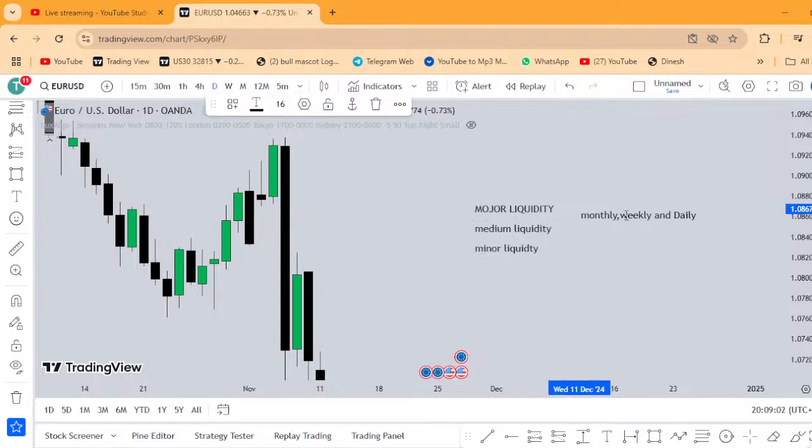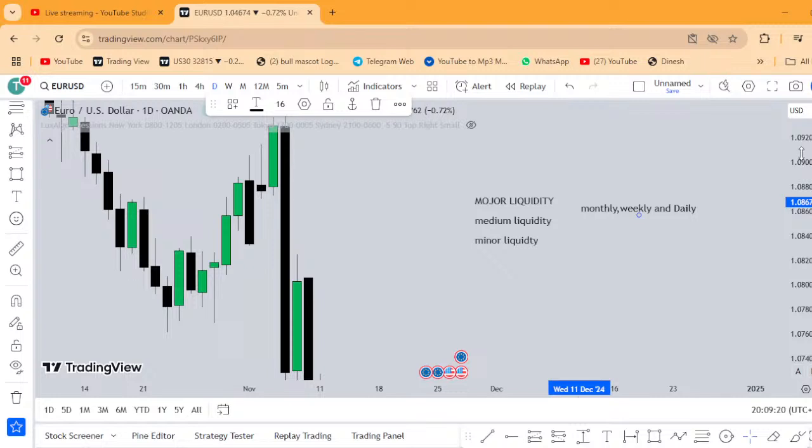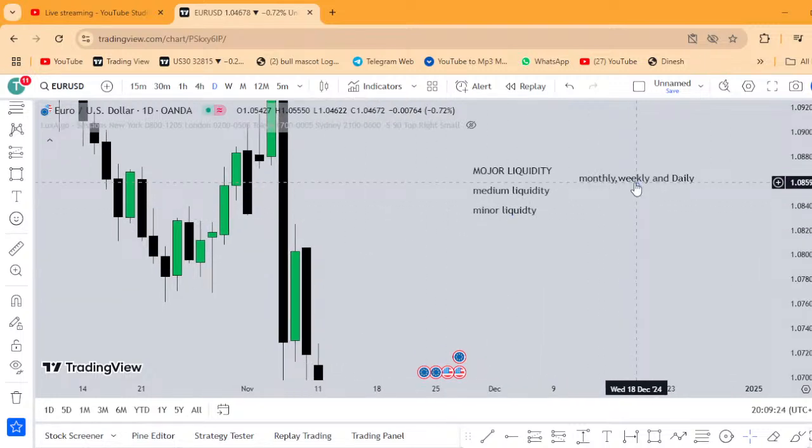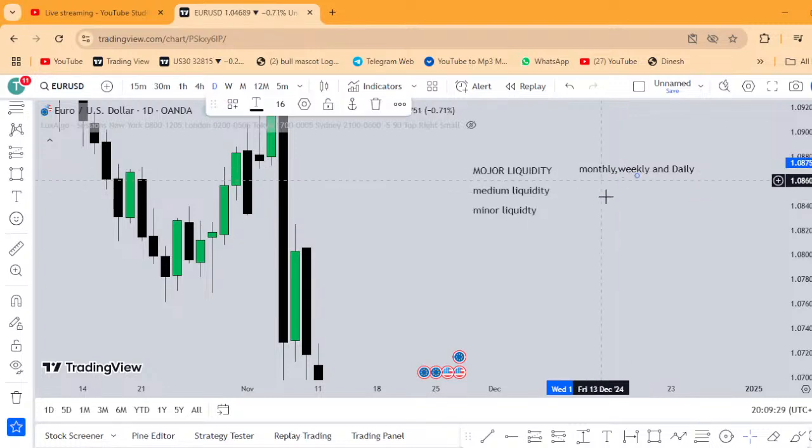Institutions focus their contracts and orders on the monthly, weekly, and daily because they do more large orders compared to us who use smaller orders. You need a lot more volume to determine market direction compared to us who use the lower time frames. So that is the institutional time frame.